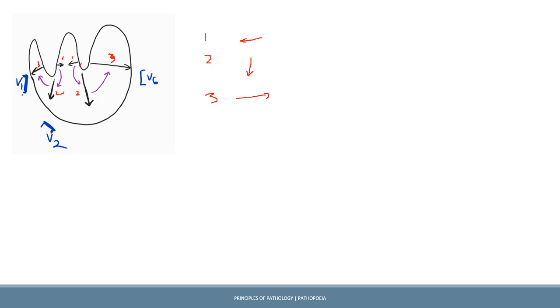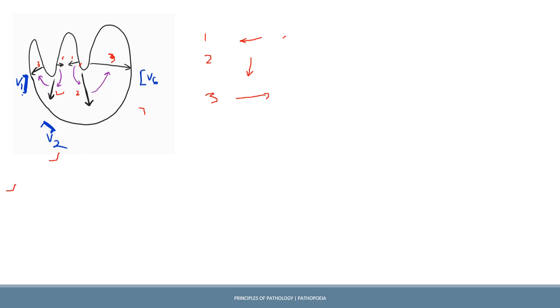As it starts, what happens is a positive deviation in V1 because this vector is towards V1, and in the starting for V6 there would be a negative deviation because that is opposite to V6. In V2 it's perpendicular, and hence we don't see any deflection. Now in the second one, as it reaches the base, it is towards V2, and hence we see a positive deviation.